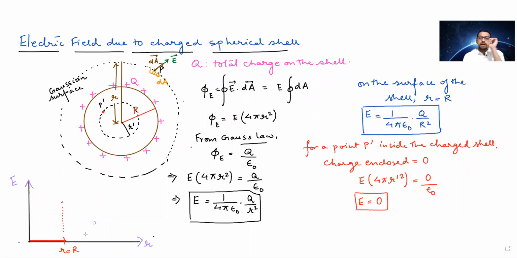And then at R, it has a maximum value, which is the electrostatic constant K Q over R squared. After that, as we move out of the shell, it varies as 1 by R squared. So it looks like this. Electric field falls as 1 by R squared.